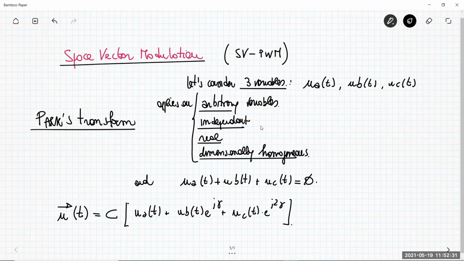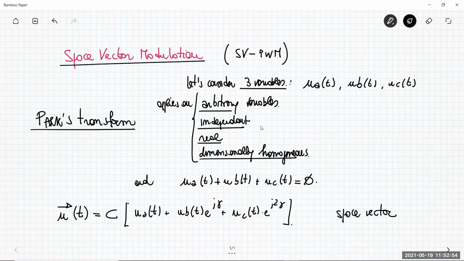So I can represent these three variables having these characteristics as a vector in a bidimensional plane. Okay, this vector, which is u, is called space vector, and this space vector is a complex vector.